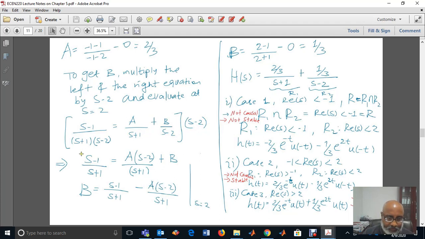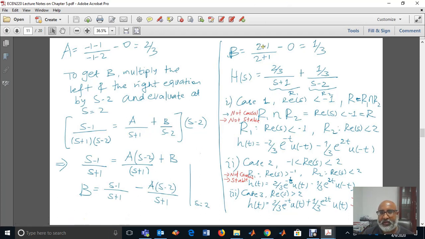Now I can evaluate both the left equation and the right equation at s is equal to 2. When I evaluate at s is equal to 2, this will be 2 minus 2, 0. 0 times A, so A will be eliminated. So I will have only B on the right side. So B is basically s minus 1 over s plus 1 evaluated at s is equal to 2.